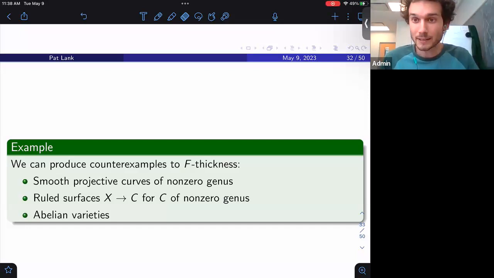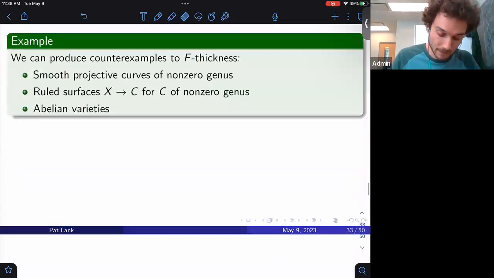I have a class of varieties that we're calling F-thick. Well, does F-thickness tell me anything about their singularity type? Does F-thickness tell me anything geometric or algebraic that I didn't know before? And these are natural questions that are worthwhile to study because this F-thickness, in some sense, gives you a nice, simple generator. Just push forward the structure sheaf.